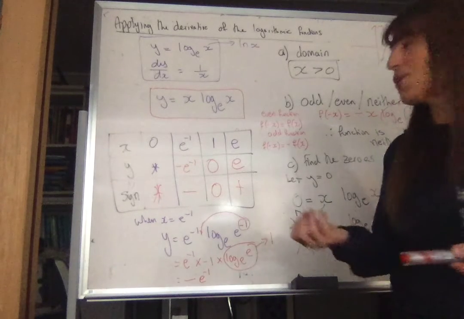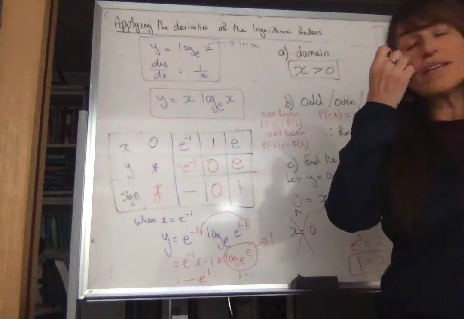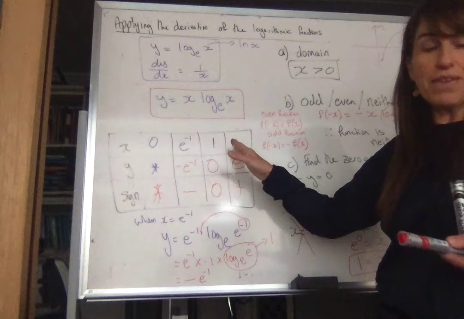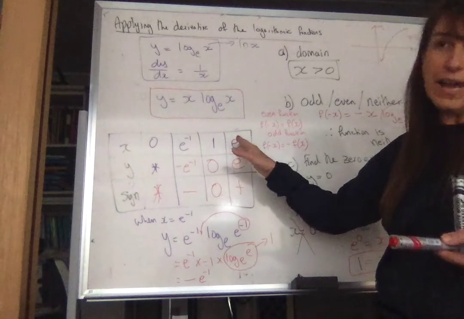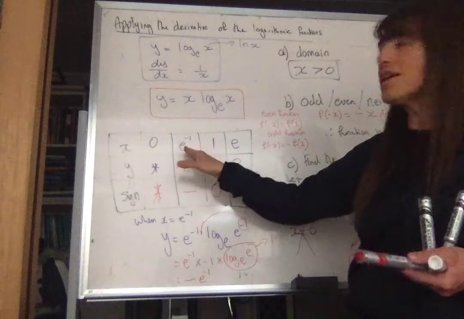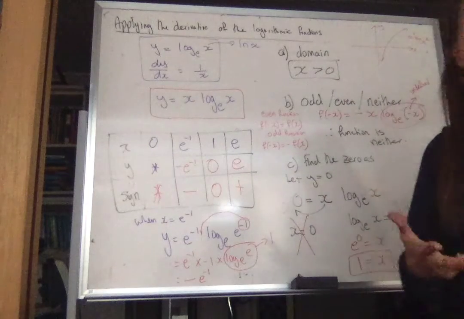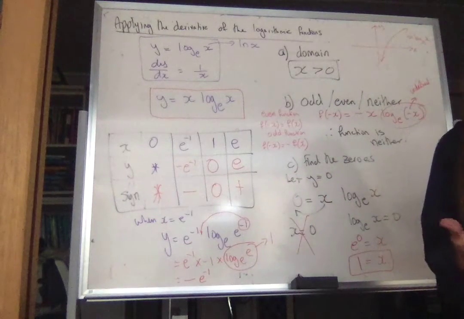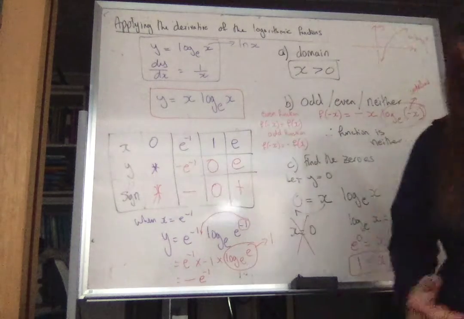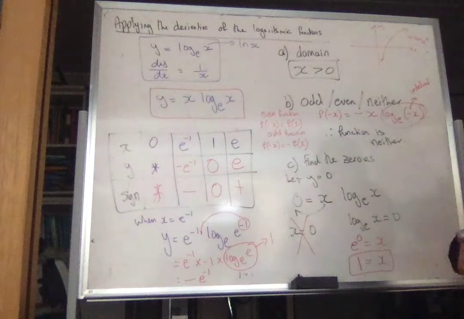I want to see what's happening. On this side of 1, I have the value of e. e is 2.718 and so on. On the other side of 1, it's e to the power of -1, which is a negative value, and it happens to be 0.3678, a very long decimal.